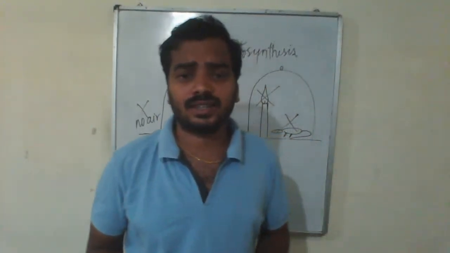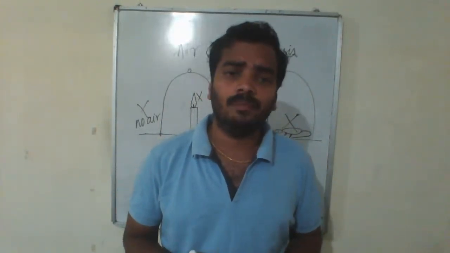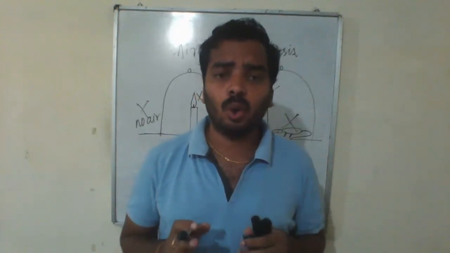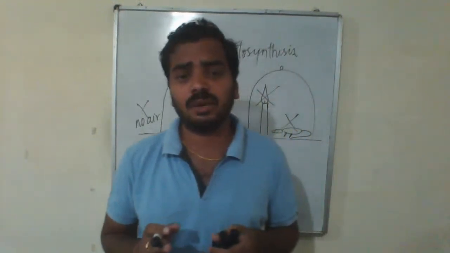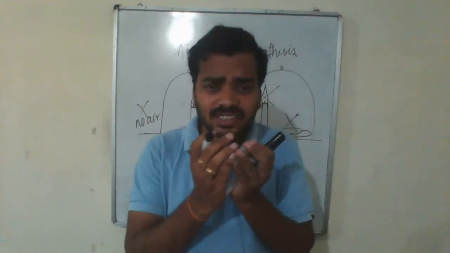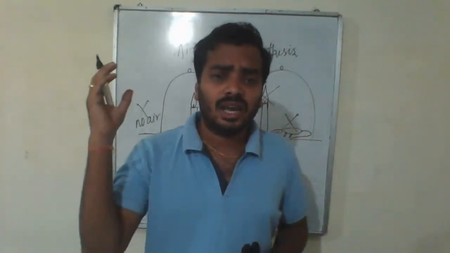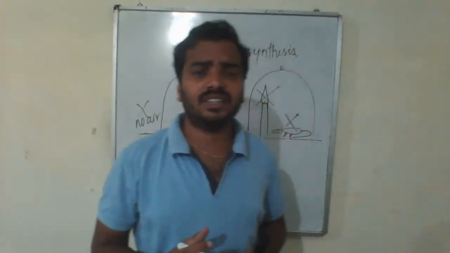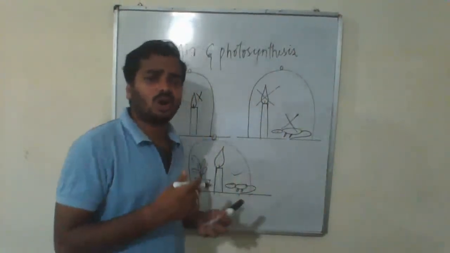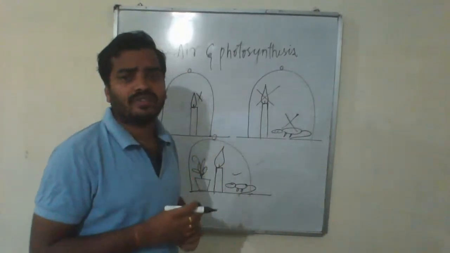As Rishikesh has asked, are plants the only source of oxygen? We can say that plants are the only source of oxygen, really, because they are the only beings which can fix CO2 and liberate O2 by using a renewable source of energy. We cannot produce oxygen with a renewable source of energy.